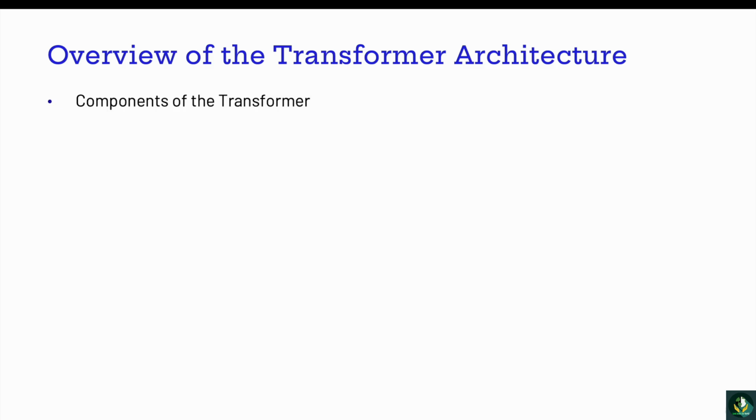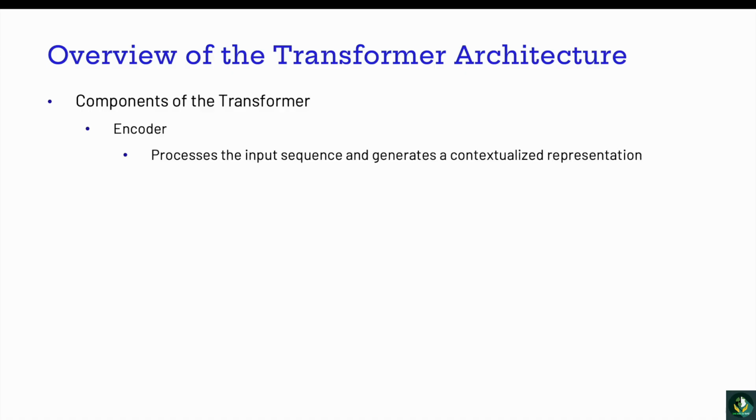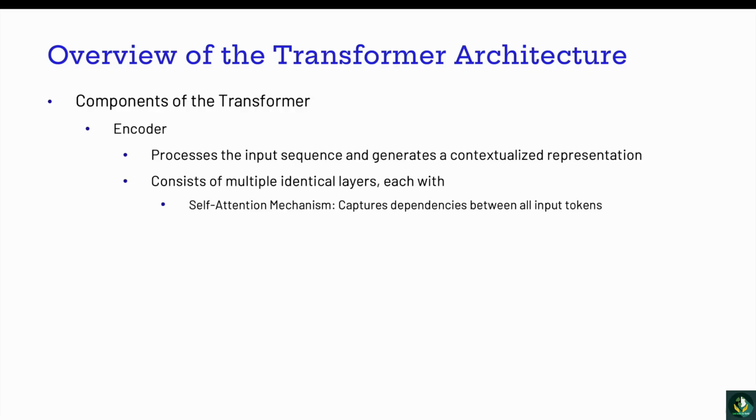Let's look at the different components of the transformer. We have the encoder, which processes the input sequence and generates a contextual representation. It consists of multiple identical layers, each with a self-attention mechanism, which captures dependencies between all input tokens, and a feed-forward neural network, or FFNN, which processes the attention outputs. Next, we have the decoder.